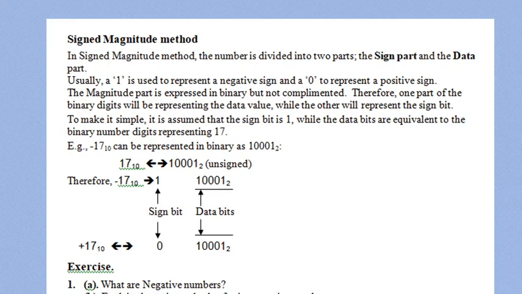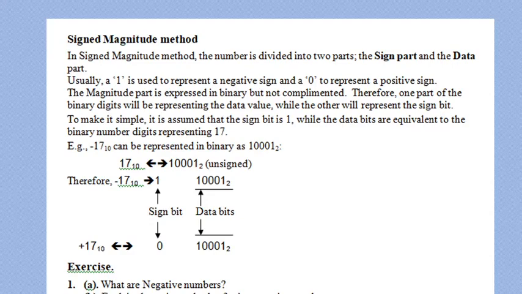Therefore, one part of the binary digits will represent the data value, while the other will represent the sign bit. To make it simple, it is assumed that the sign bit is 1, while the data bits are equivalent to the binary number digits representing 17.